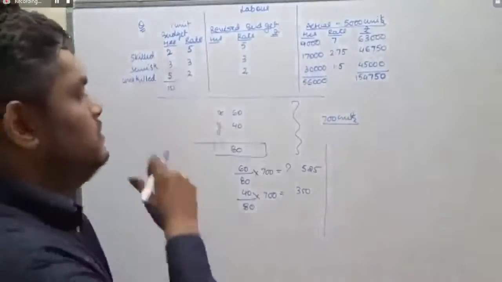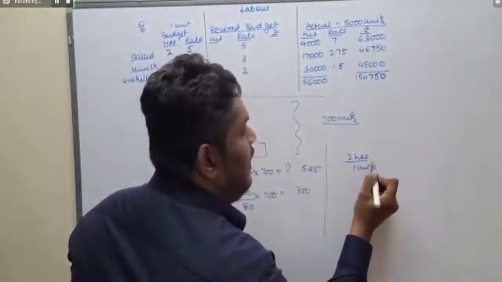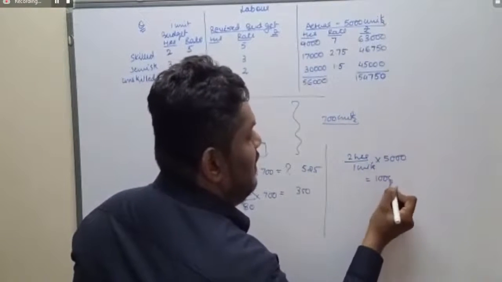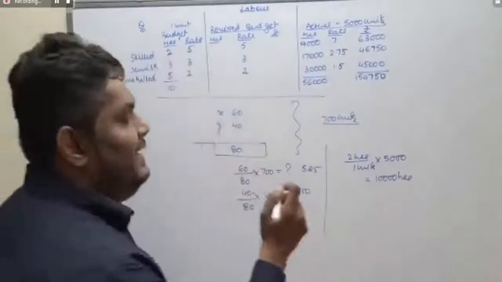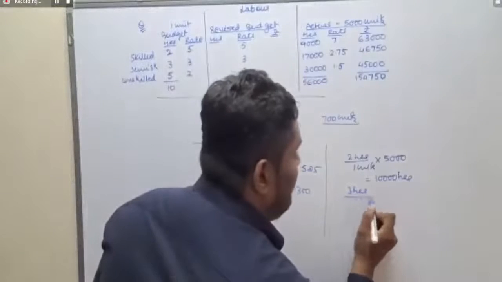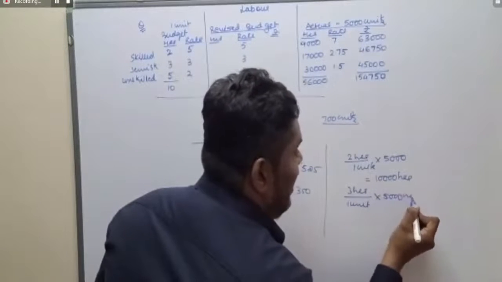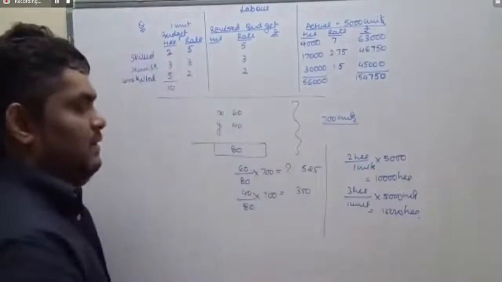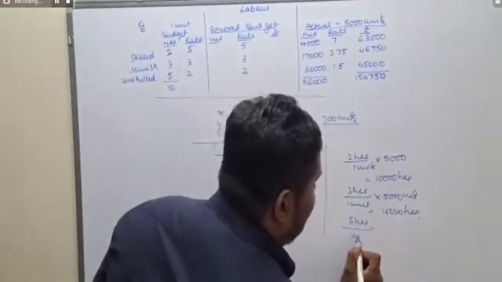Now in this question also, 2 hours are required for 1 unit. And if you are manufacturing 5,000 units, how much hours are required? 10,000 hours. The same concept, 3 hours are required for 1 unit. So for 5,000 units, how many hours? 15,000 hours. Again, 5 hours are required for 1 unit.